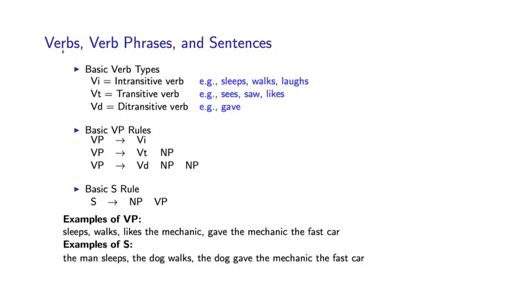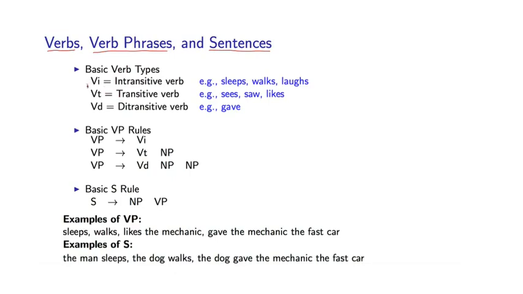So the next set of categories we're going to look at are verbs, verb phrases, and sentences. A first critical observation is that verbs in English can be subcategorized into distinct subtypes, which have rather different properties.